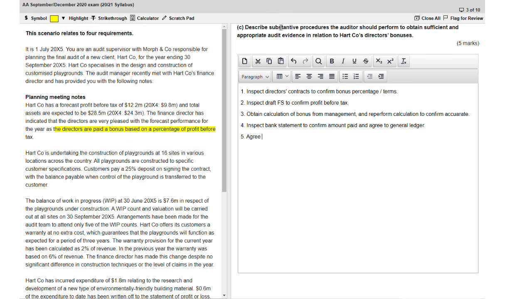So agree the bonus paid to the amount recommended in the board minutes. Plenty. So 5 marks.